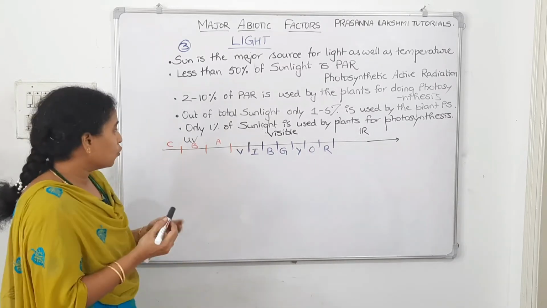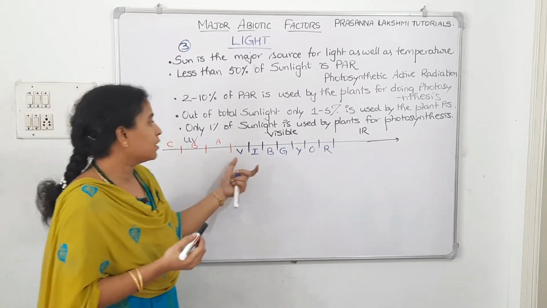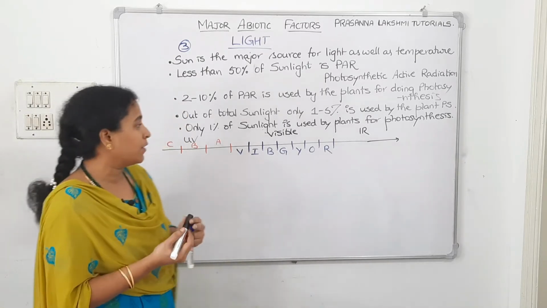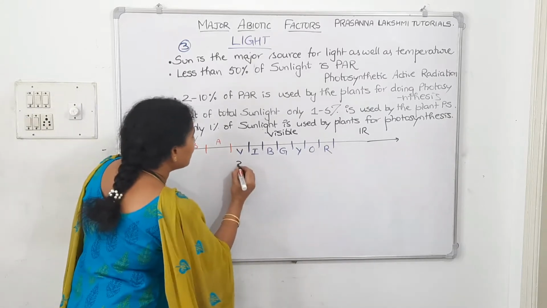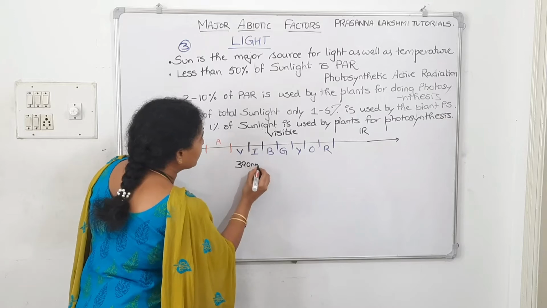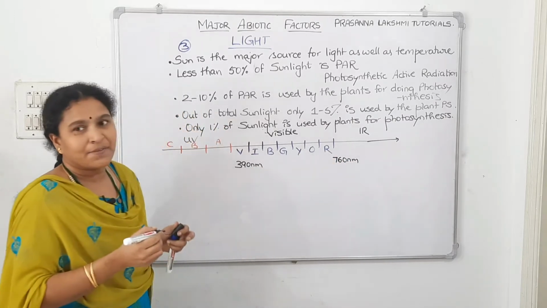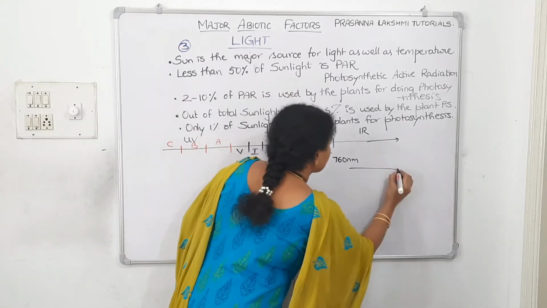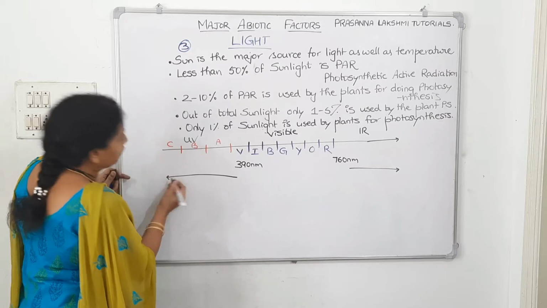Now in this, UV radiations are from which wavelength to which wavelength, and visible radiations are from which wavelength to which wavelength? We know that the visible radiations are from 390 nanometers to 760 nanometers. Beyond 760 is IR. Less than 390 will be UV.